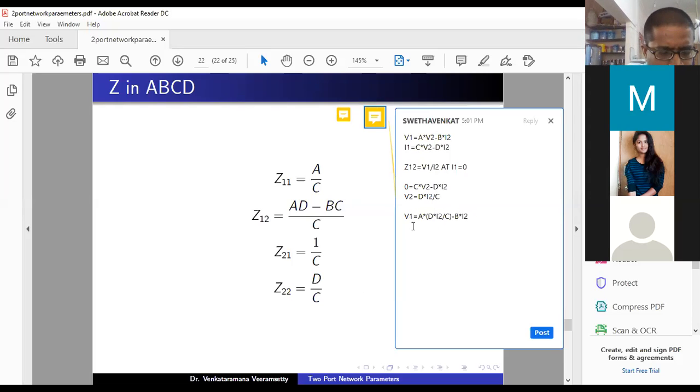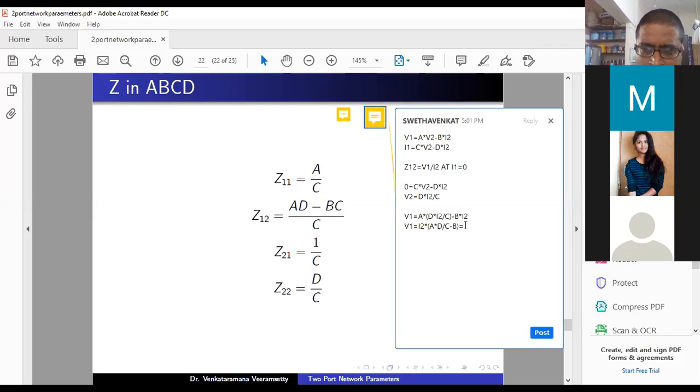Now take I2 common. Here we have A into D divided by C, and minus B.